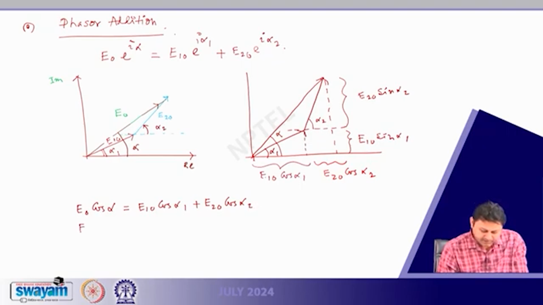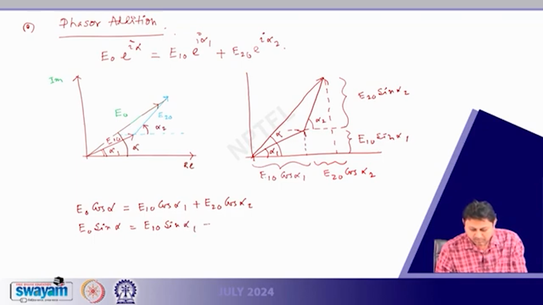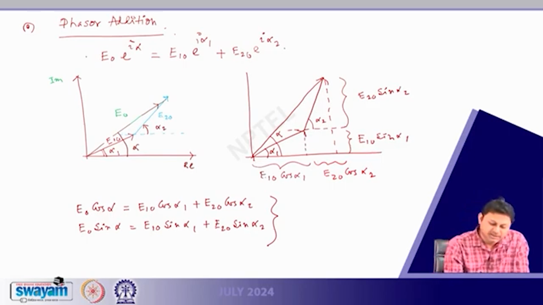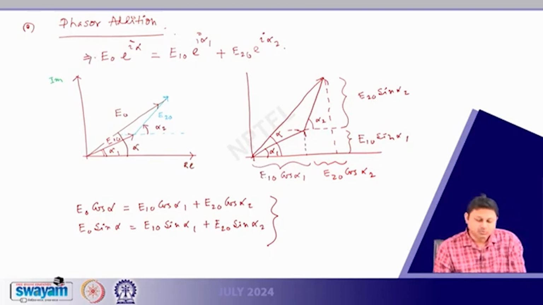In a similar way, E0 sine of alpha equals E10 sine of alpha 1 plus E20 sine of alpha 2. You can find it by making this component-wise. Also, if you expand the expression given here, on the left and right side, and equate the real and imaginary parts, you are going to get these two equations.